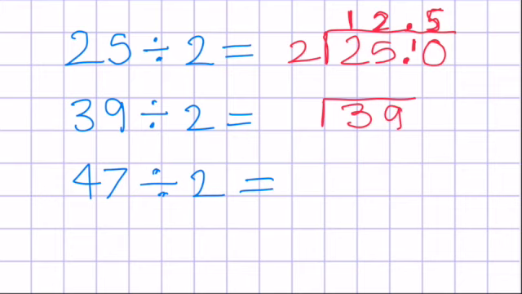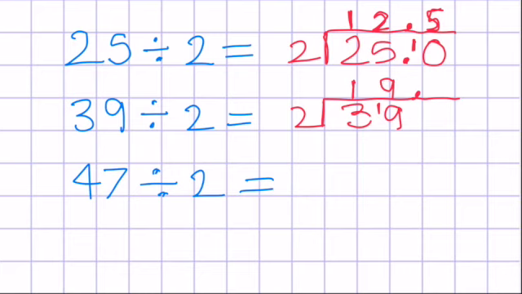39 divided by 2. 2 goes into 3 once, with a remainder of 1. Excuse me there, that doesn't look like a 1. That's better. 2 goes into 19 9 times, because 9 times 2 is 18. And we have a remainder of 1.